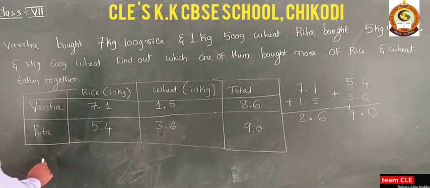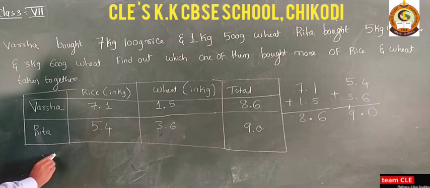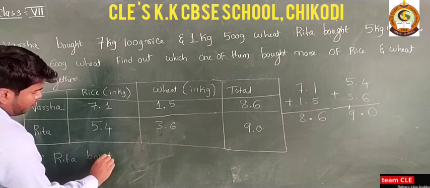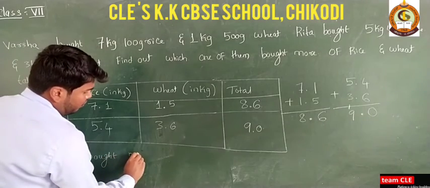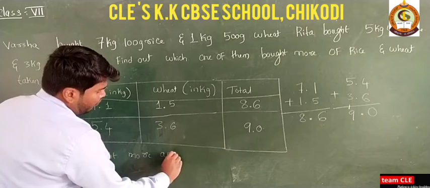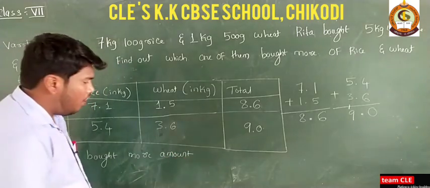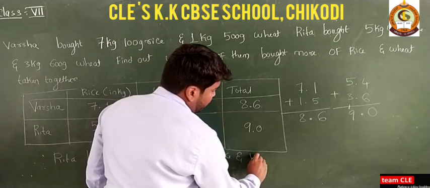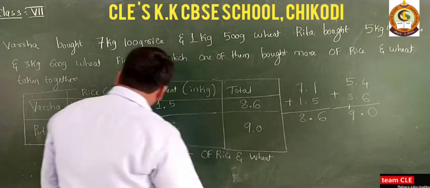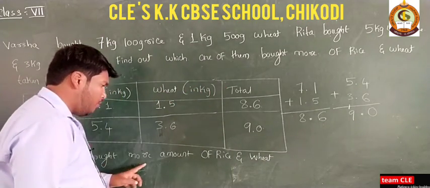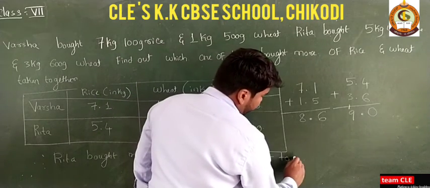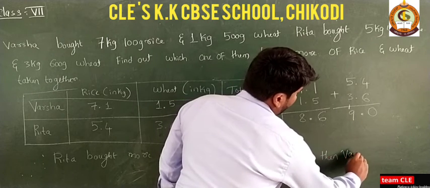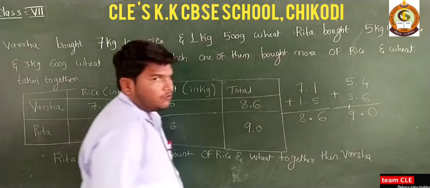So therefore you can write: therefore, Rita bought more amount of rice and wheat together than Varsha. Okay, so this is the conclusion.